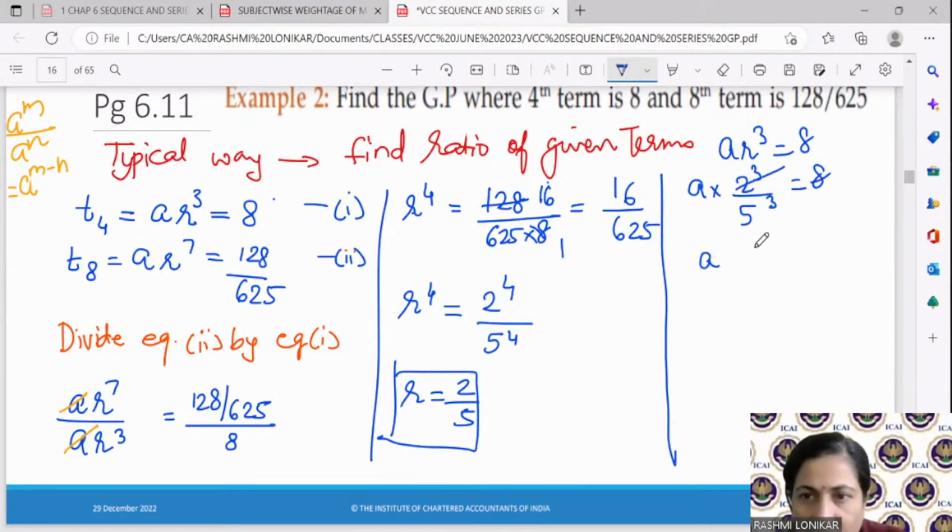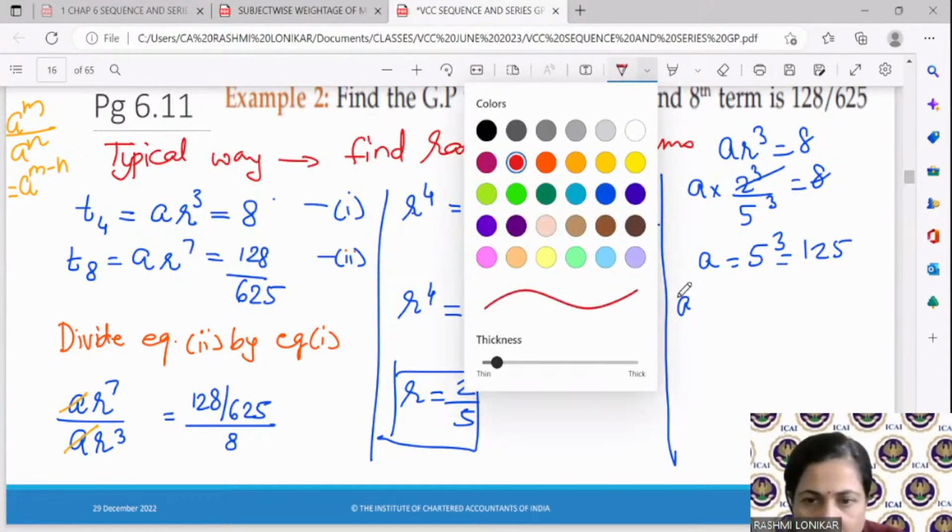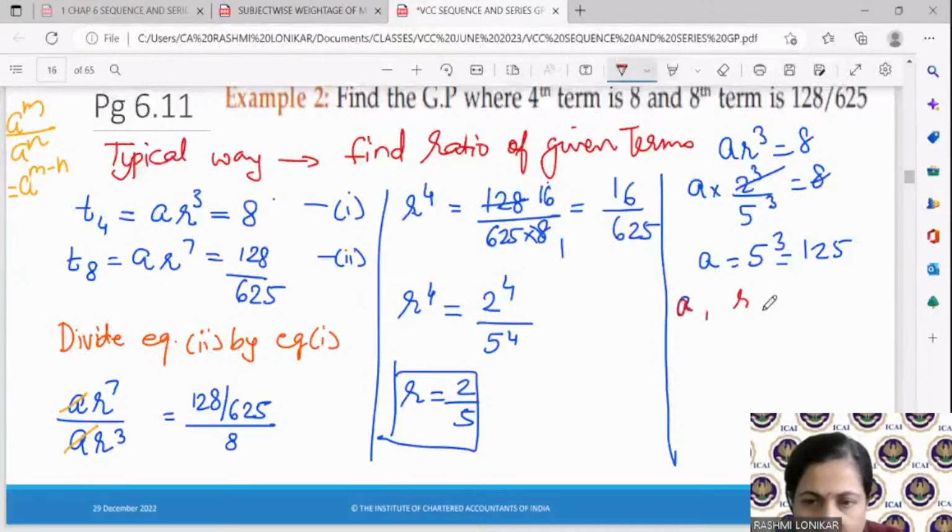So A will be equal to 5 cube. What is the value of 5 cube? It is 125. Okay. So what is the series? The first term is A. The series is given by A, AR, AR square, AR cube and so on. Okay. So what is the value? A is 125.